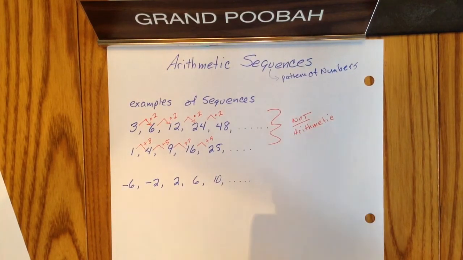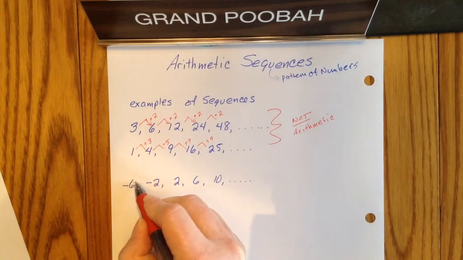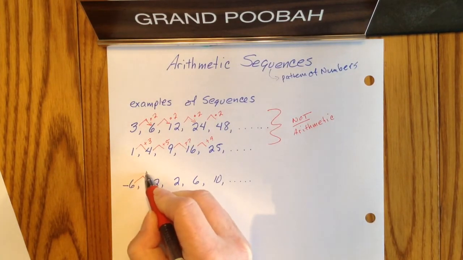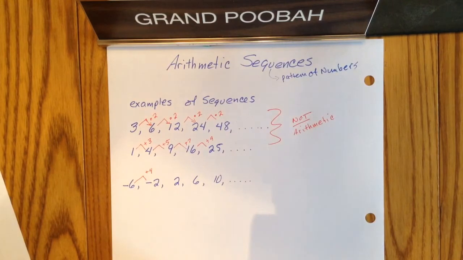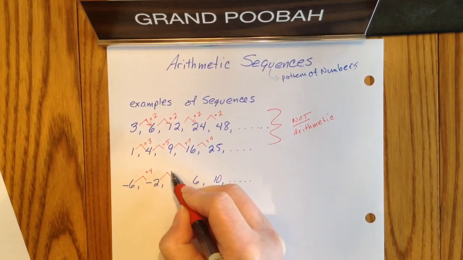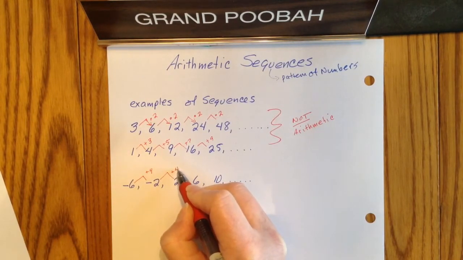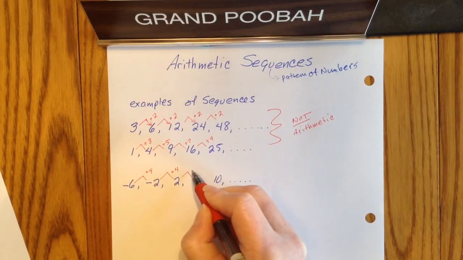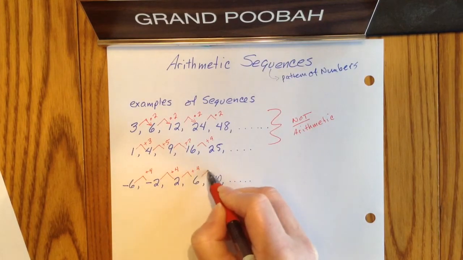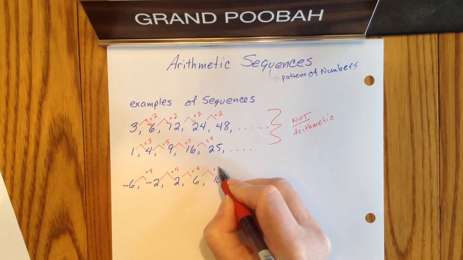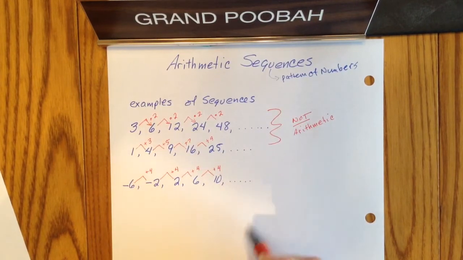This last one is an arithmetic sequence. Let me explain to you why. Yes, you see it, don't you? Yeah. To get from -6 to -2, you add 4. To get from -2 to 2, you add 4. To get from 2 to 6, you add 4. 6 to 10, add 4.